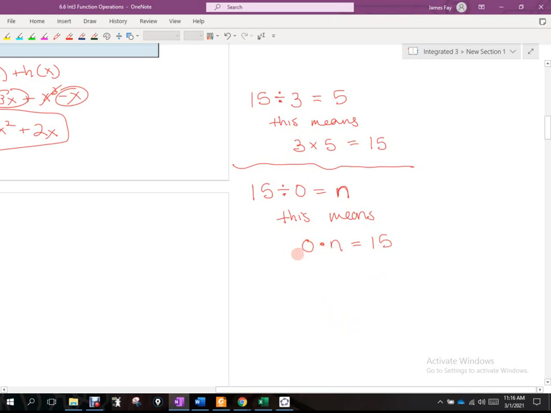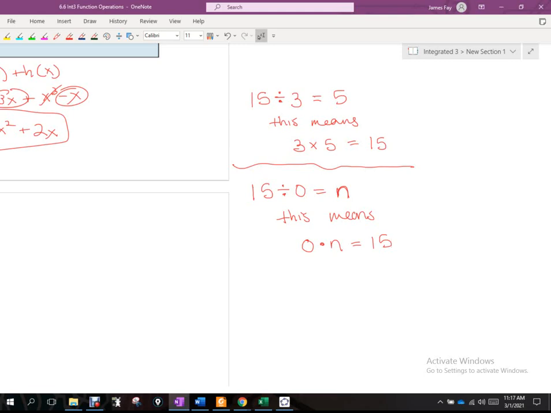But what do we know that 0 times n should be? 0 times n should give a result of 0, right? Because of our rule of multiplication, we know 0 times anything is 0. This would be what we call a contradiction to that rule, and that would then be the reason why we can't divide by 0. Does that kind of make sense?